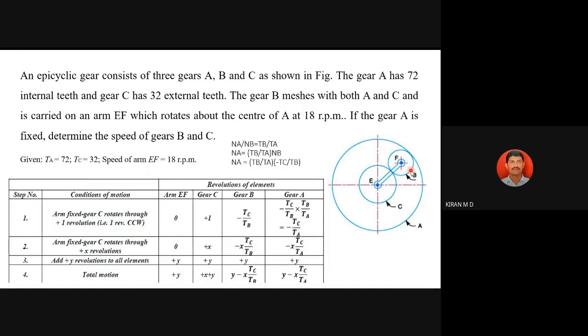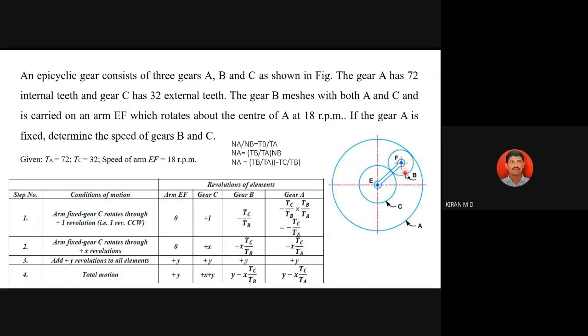When external and internal gears are meshed, both will rotate in the same direction. If it starts to rotate in clockwise, it will also make the other rotate in clockwise only. So we won't change the sign. We will keep the sign.